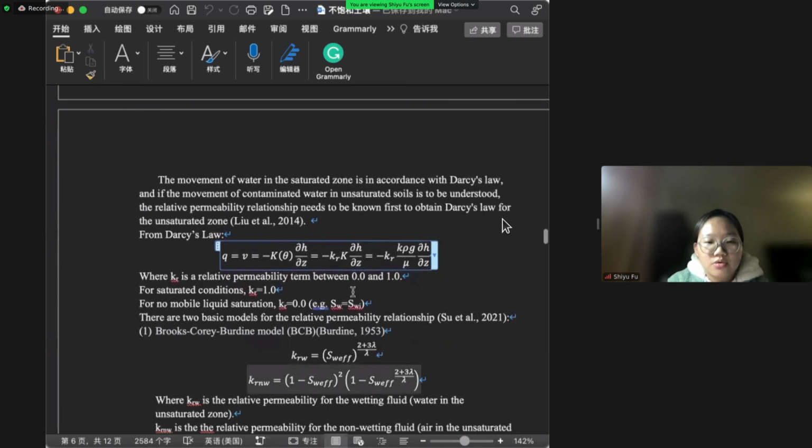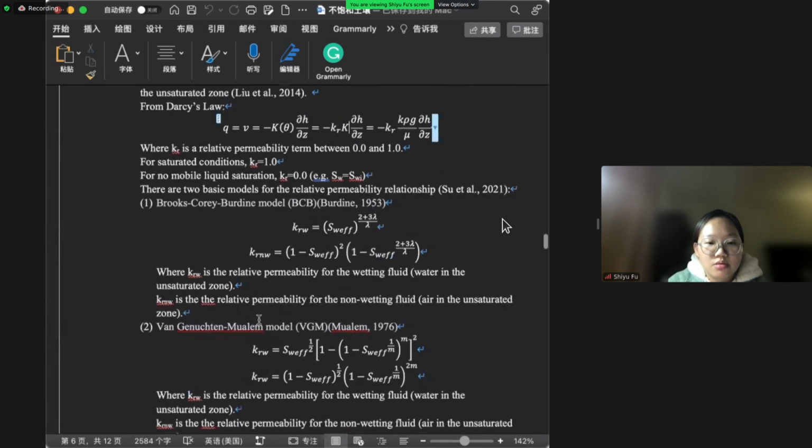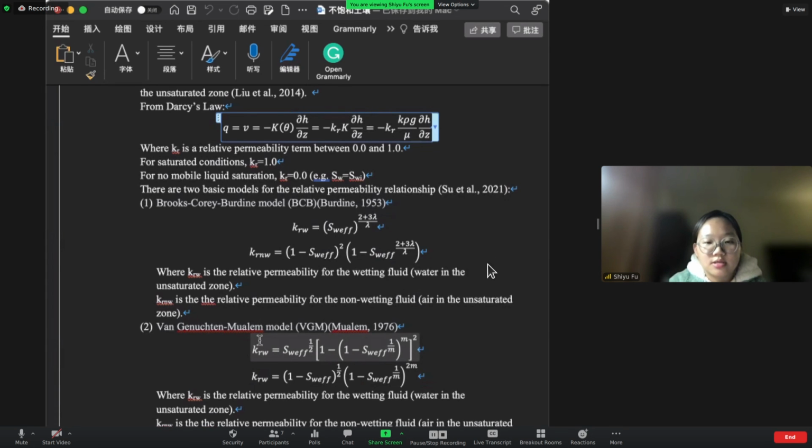And how can we get the Kr? Then we still use these two models to get it. This is the relationship combining the moisture content and the hydraulic conductivity.